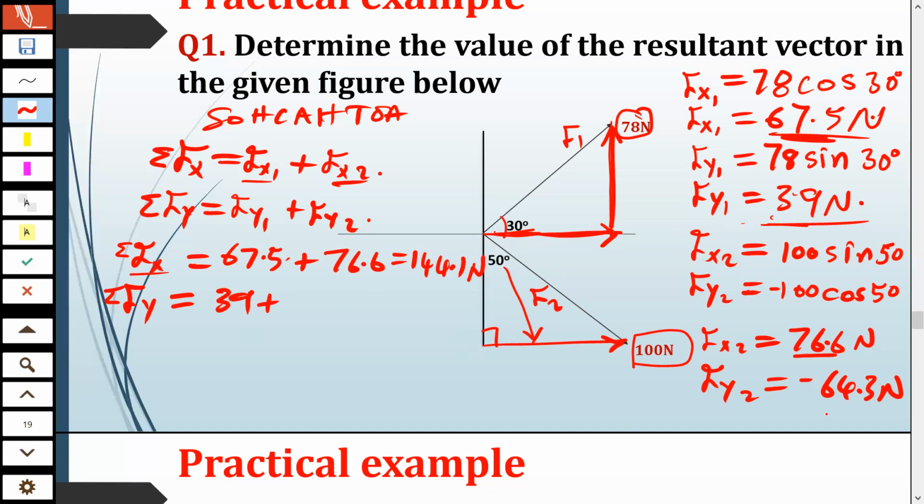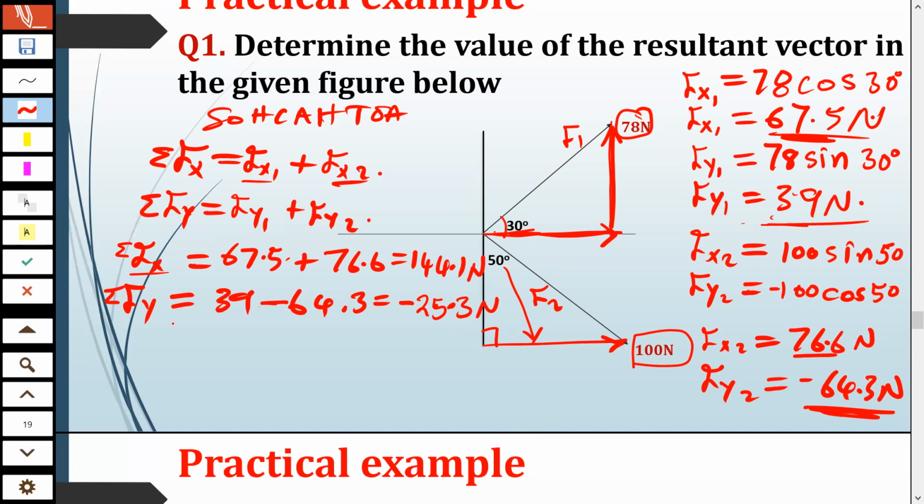Then we're adding this to Fy2, which is negative 64.3. Then when you find the summation there, you have 39 minus 64.3, and this gives us negative 25.3 newtons.